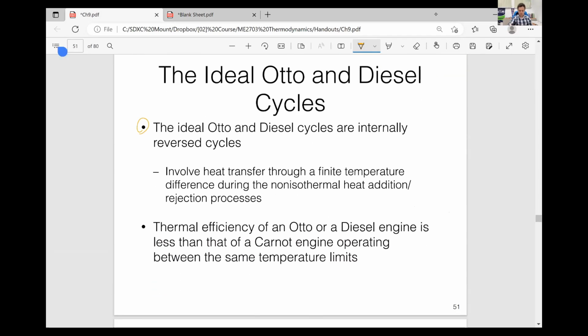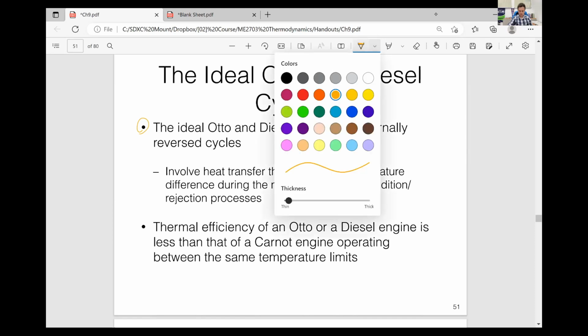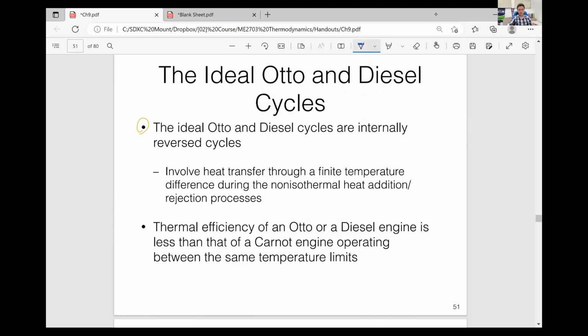Look at this. The ideal Otto and diesel cycles are internally reversible cycles. So they involve heat transfer through a finite temperature difference during the non-isothermal heat addition and rejection processes. So their efficiencies are smaller than a Carnot cycle, because the Carnot cycle is a totally reversible cycle.